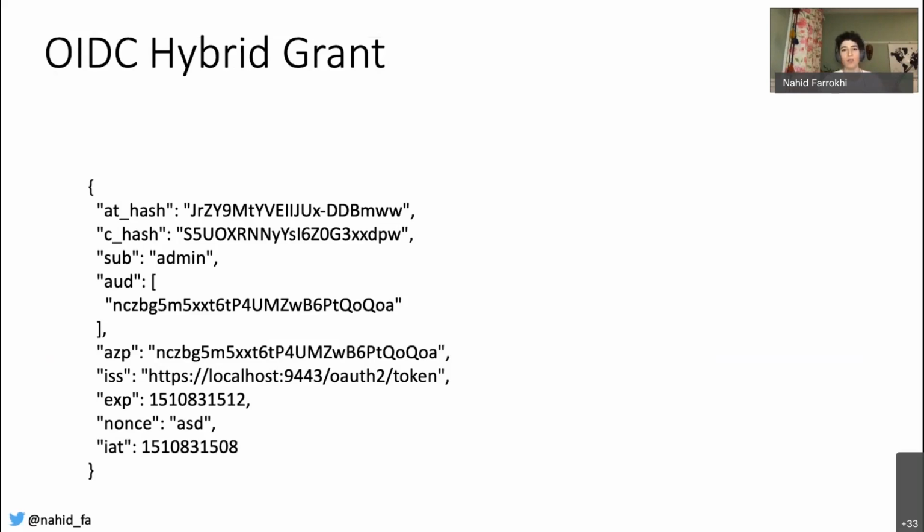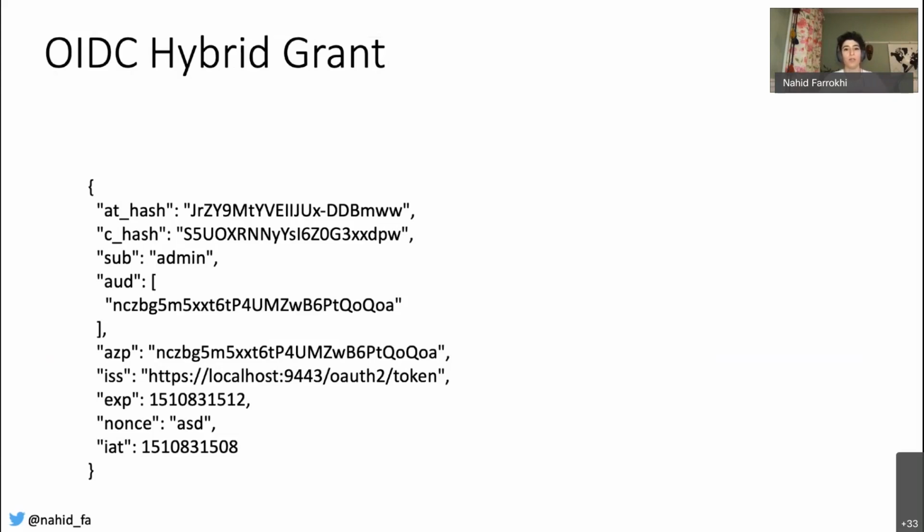But the downside to this is that, as you see, because we said on the front channel it's going to receive code plus ID token, it means that the ID token is received in the front channel, which is not secure. So it might leak additional personal information about the user that you don't want to, right?